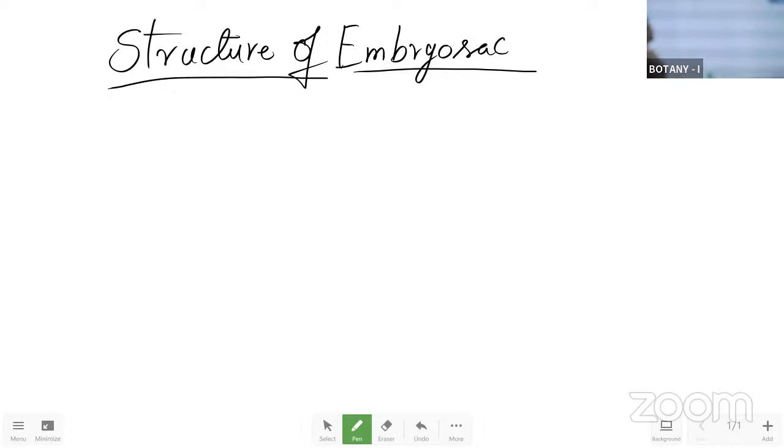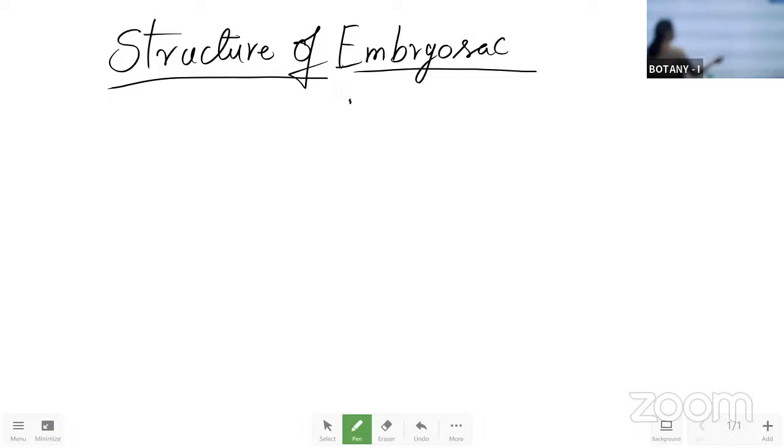Structure of embryo sac. Here, they will ask the question, describe the embryo sac structure, or whatever may be. In that, the first thing in the answering technique is to write the structure of embryo sac. After this, draw the diagram. See how I am drawing.